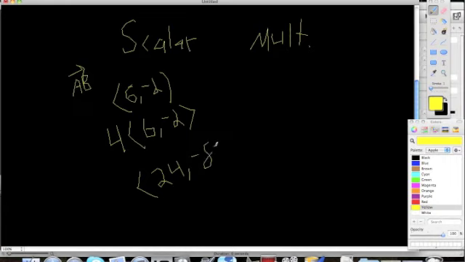Now, this obviously changes the magnitude, but keep in mind it's still in the same direction, so it's basically the same vector just extended out. So it's going to have the same ratio of components.